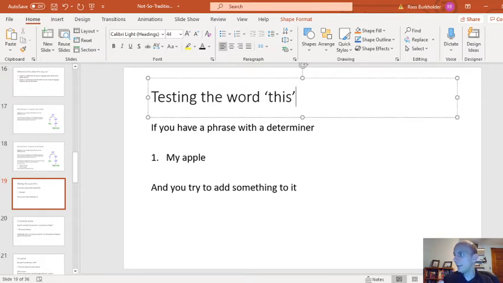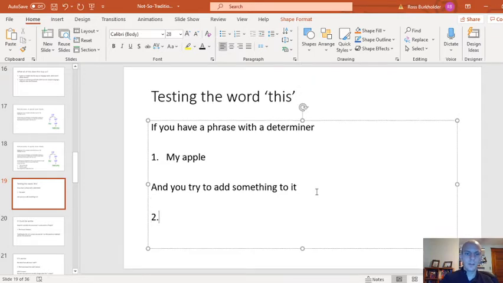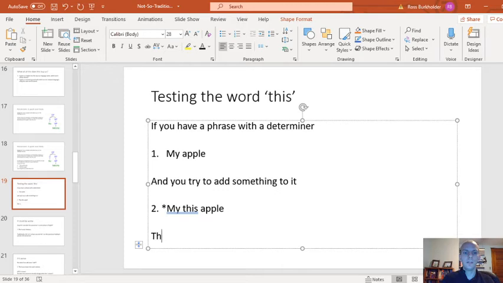We want to test the word this to see if it's a determiner or not. And if we add that word that we're testing, in this case this, and the result is ungrammatical, this is a clue that this is in fact a determiner. Which is cool. That's a nice way to be able to test things.